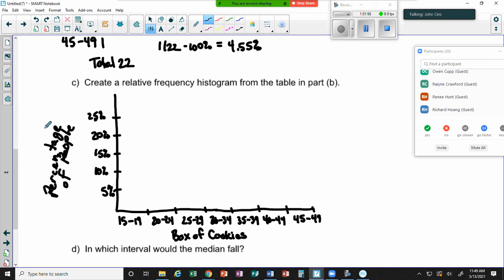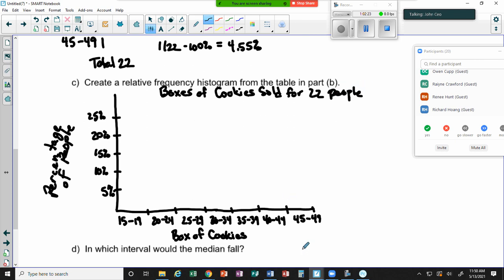That's percentage of people who sold that many. Okay, so this would be the boxes of cookies sold for 22 whatever people, Girl Scouts, whatever.